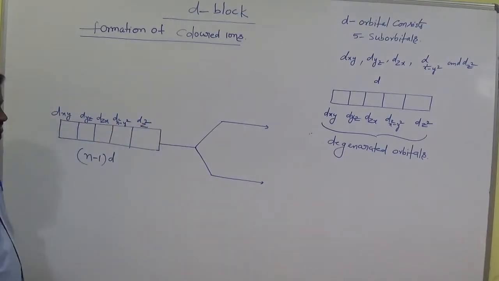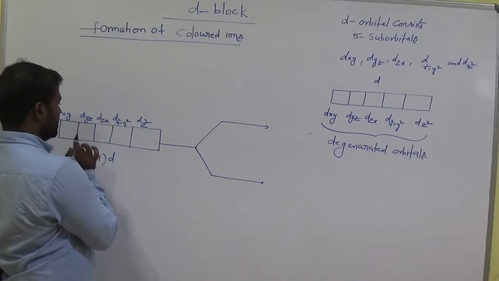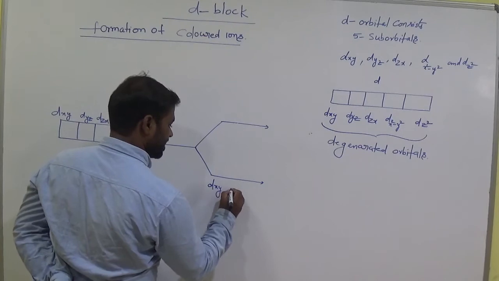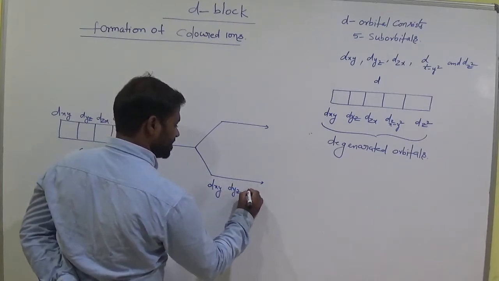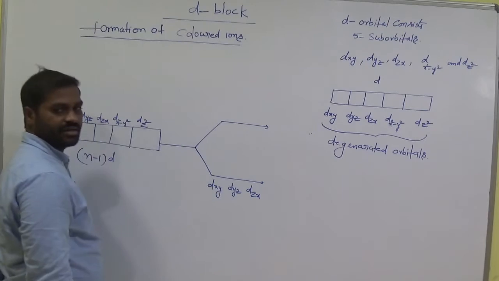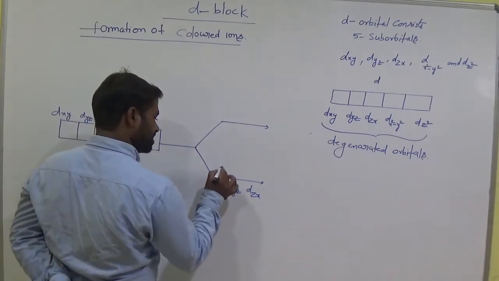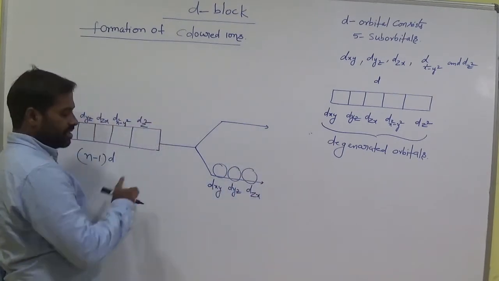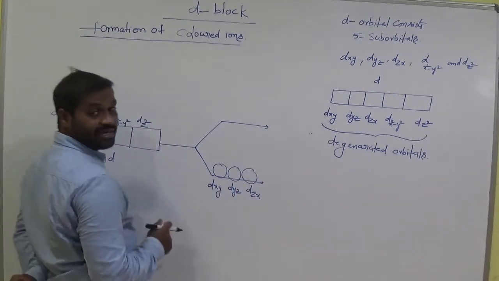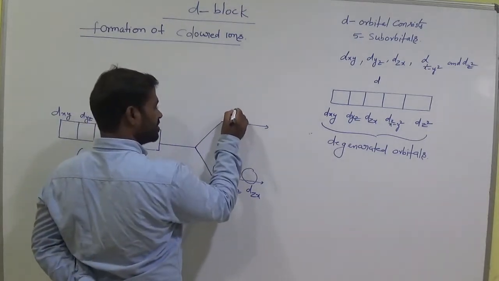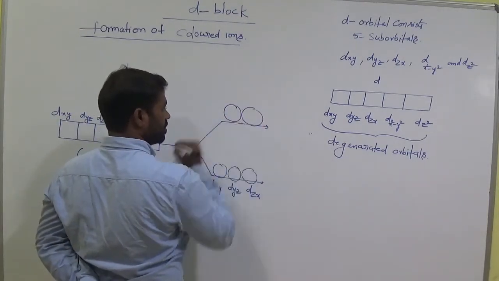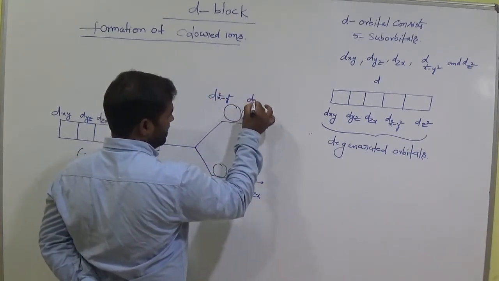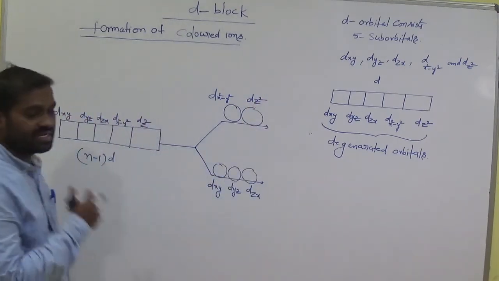Am I right? Now here we have dxy, dyz, dzx. These three d orbitals are split, and the remaining 2 out of 5 are dx square minus y square and dz square.